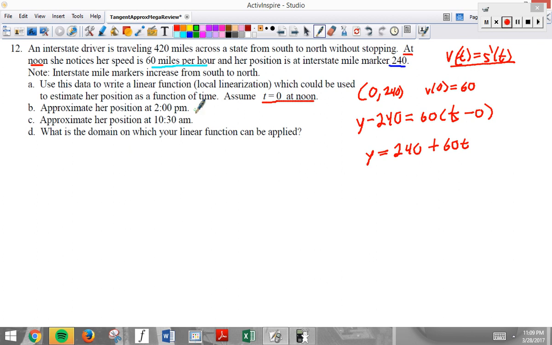Approximate her position at 2. So if noon is 0, 2 p.m. is t equals 2. So S sub 2, her position at 2, is approximately 240 plus 60 times 2, which is 360.